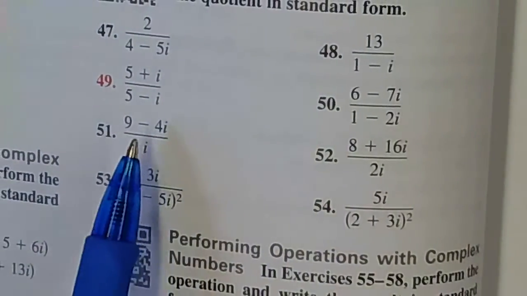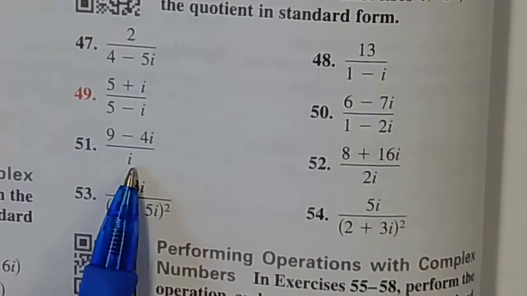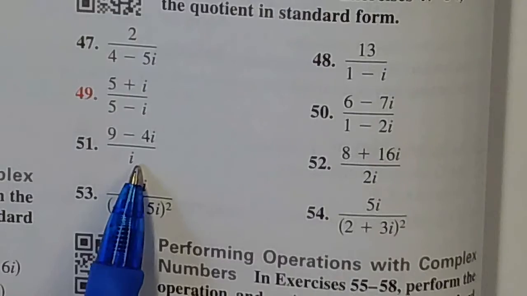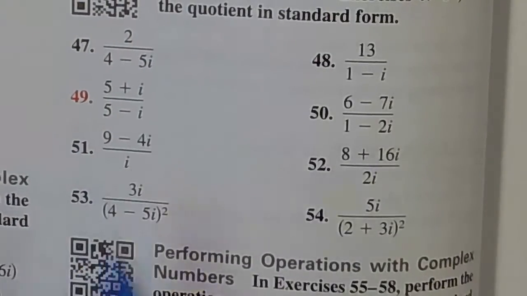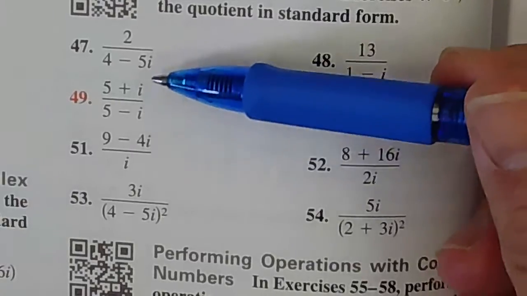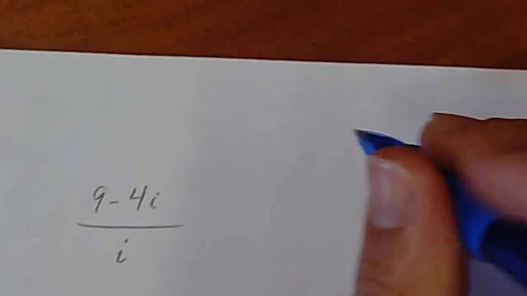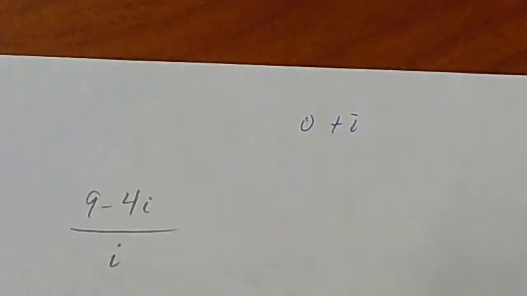Okay, a couple things I want to get ahead of from the assignment, just to make sure that you're not confused. One of your problems that you're going to be doing is 51. 47, 49 look a lot like the book, and then this one has a little different denominator. So what do you do if it's just i? Well, same idea, complex conjugate of the denominator. So for a problem like 51, this in standard form is 0 plus i right now, right?